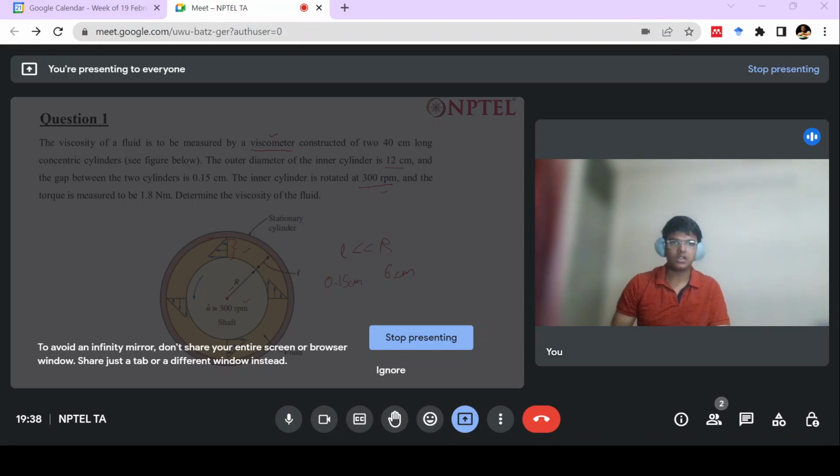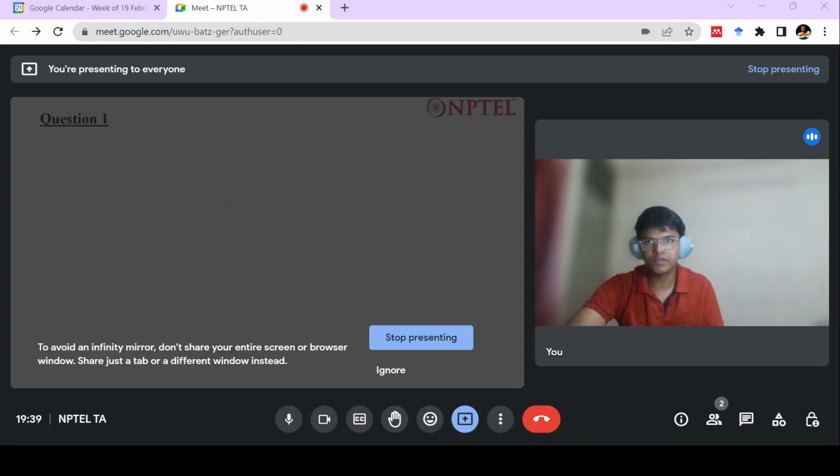So the radius is 40 times larger compared to this gap. With this length scale difference, we can consider this gap as a narrow gap.